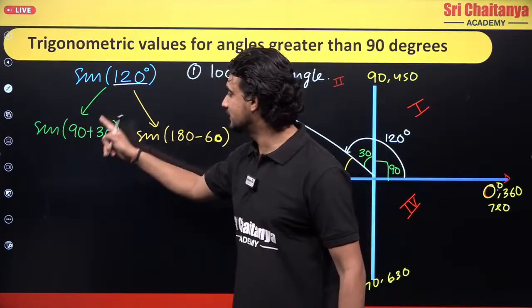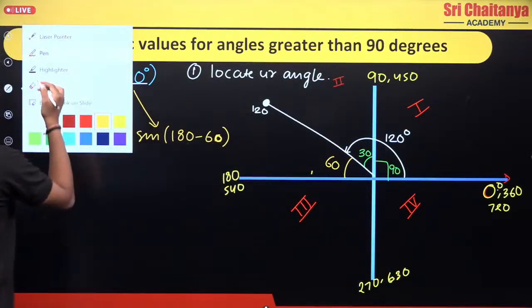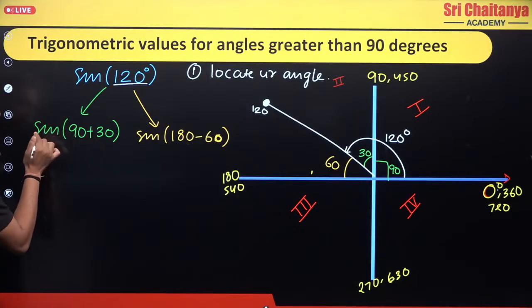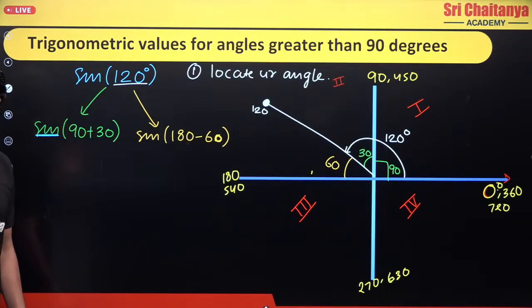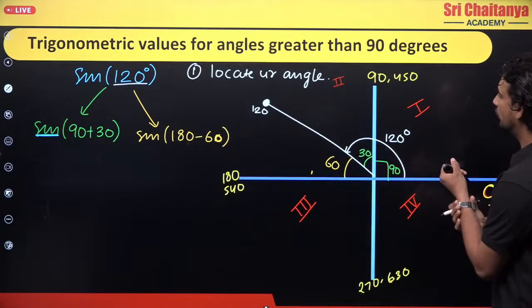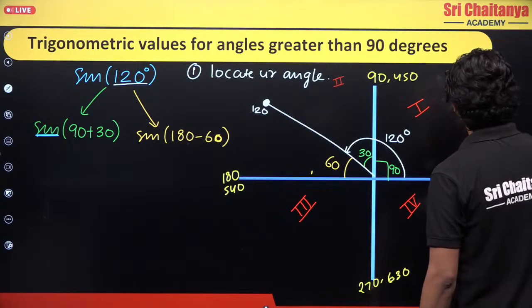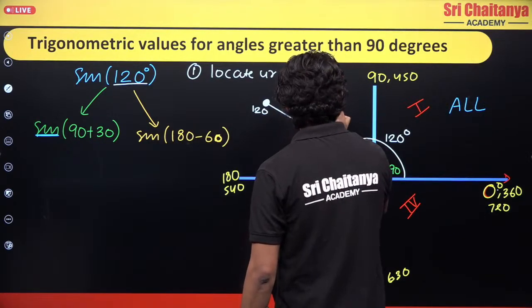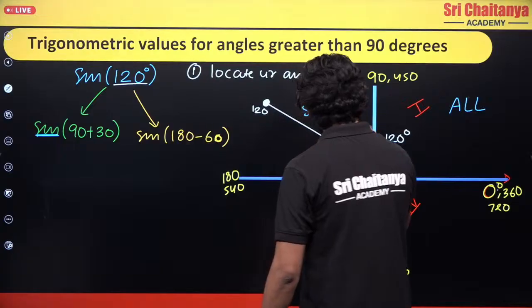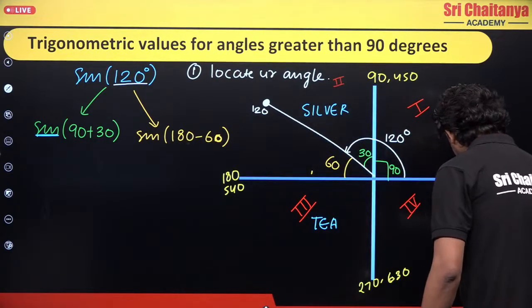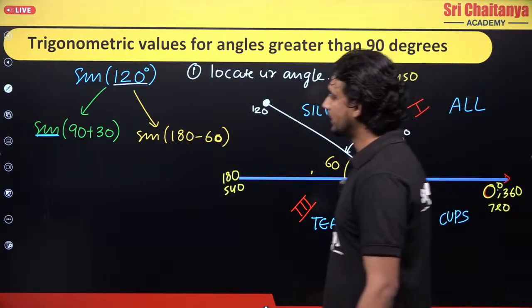So let's first concentrate on sine 90 plus 30. First of all, we will locate that. What I am finding is sine 120, right? So sine in which quadrant? There is a formula which you might have also learned in a smaller class: all silver teacups.